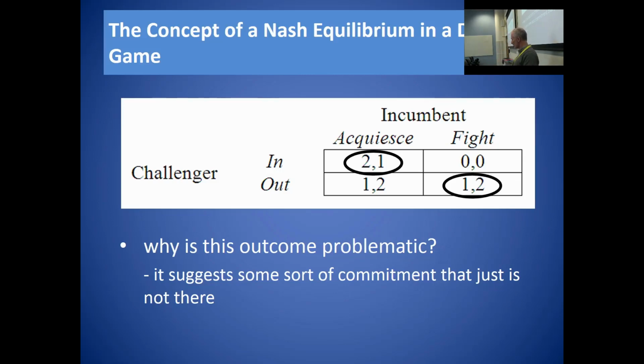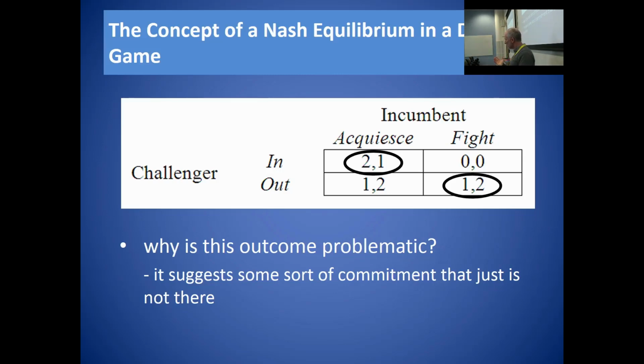But what does it suggest, though? It suggests that there's some sort of commitment there. The way that I phrased the question, if you knew that they were going to fight, does the challenger know the incumbent is going to fight? Can the incumbent convince the challenger that it's going to fight?